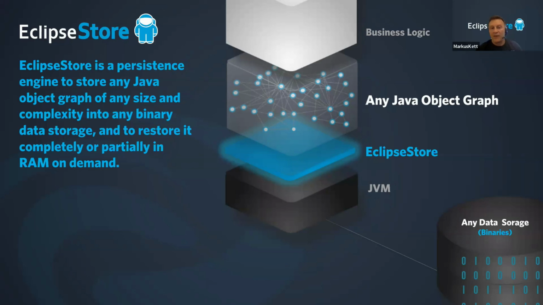Of course, a thread cannot be recreated, but everything that can be recreated can be persisted with EclipseStore. So Java native means there is no transformation, no mapping to any database-specific structure or any other synthetic structure or format. We store object graphs by using the Eclipse Serializer behind the scenes.